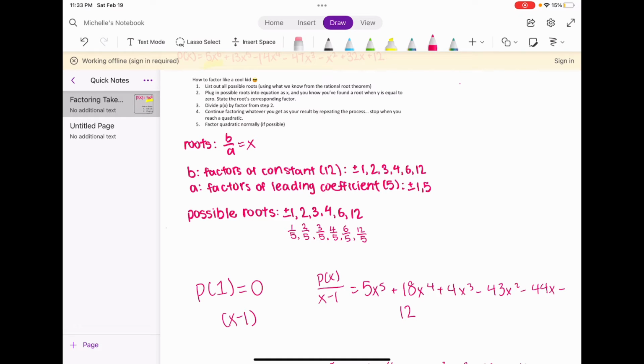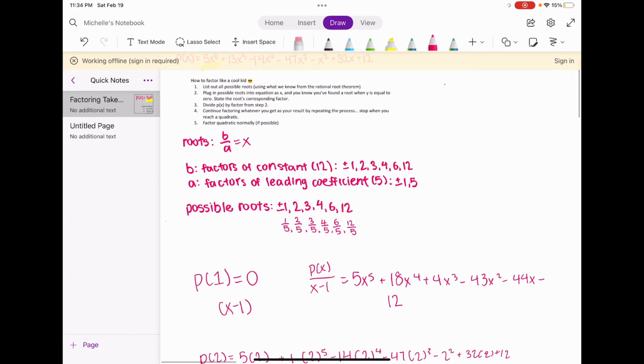Luckily for us, the possible roots for this equation are going to be the exact same as they were for our original polynomial function, because the leading coefficient is still 5, and 12 and negative 12 have the same factors.